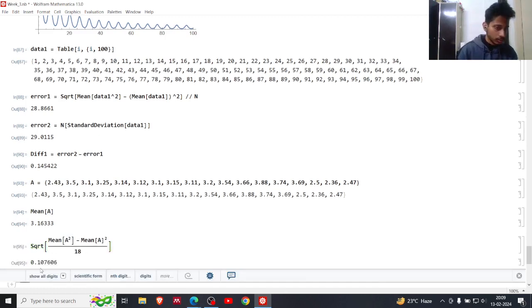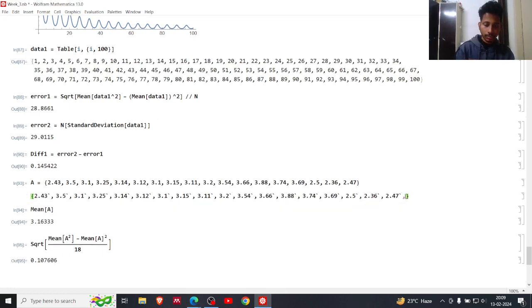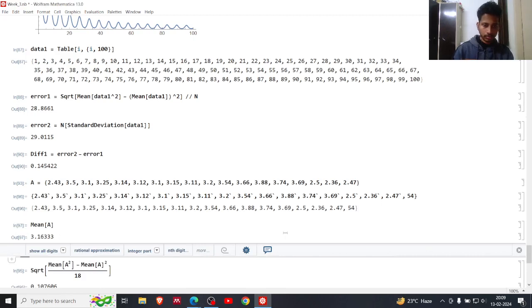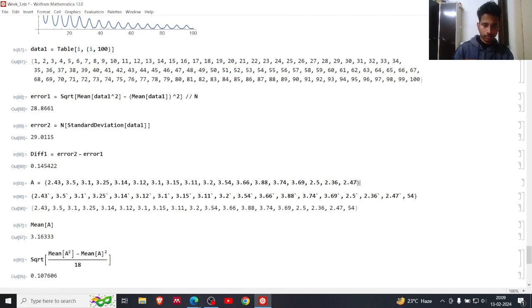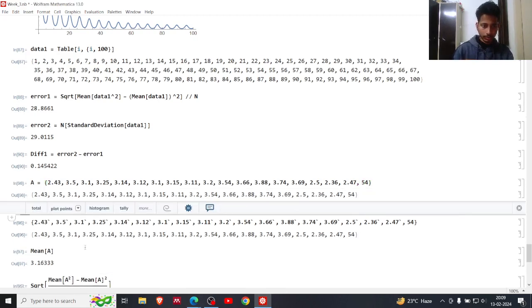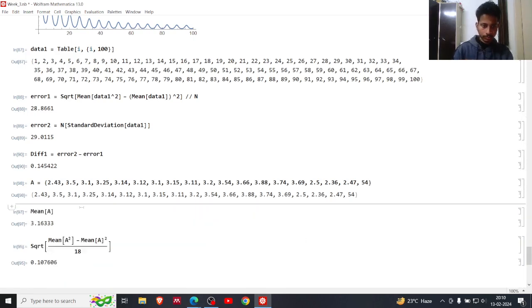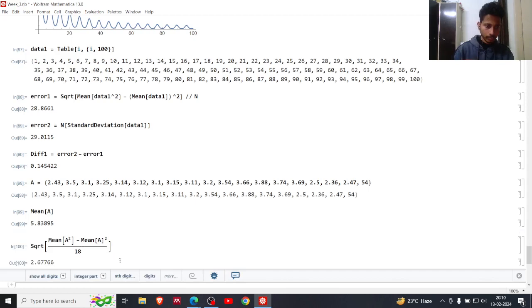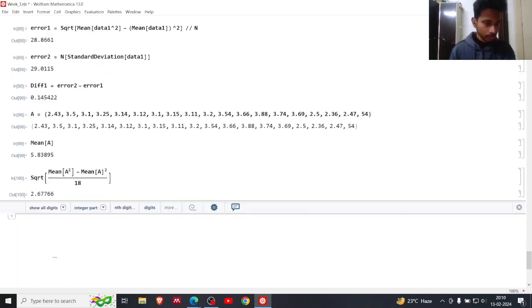So this is the standard deviation, 0.107606. Let's add another number like 54 here. Oh, sorry, 54 should be here. Yeah. So this is the standard deviation.